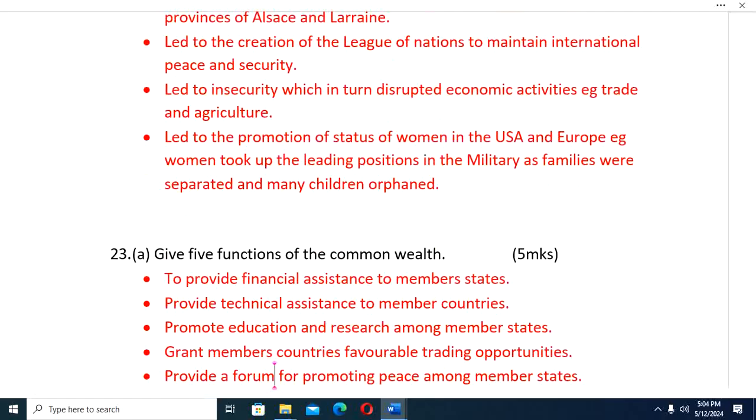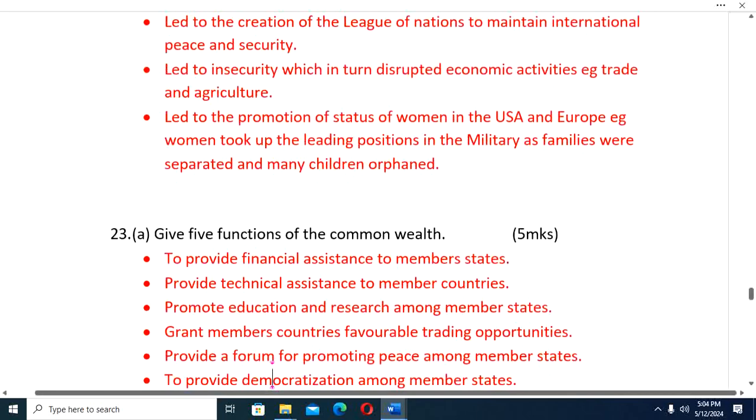Next, it led to insecurity, which in turn disrupted economic activities, e.g. trade and agriculture. Next, it led to the promotion of status of women in USA and Europe, e.g. women took up the leading positions in the military and families were separated and many children orphaned.